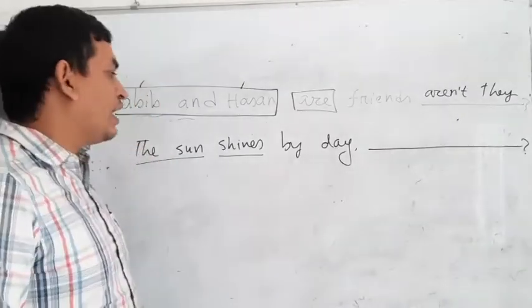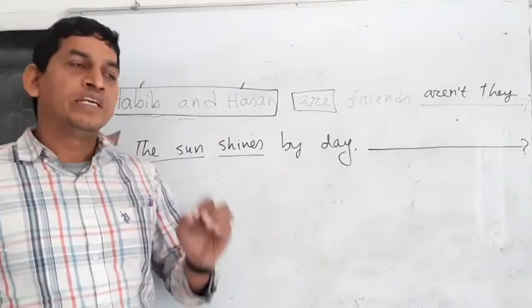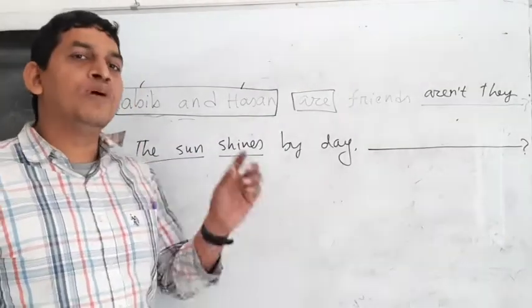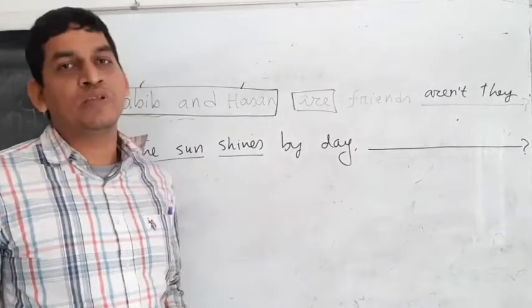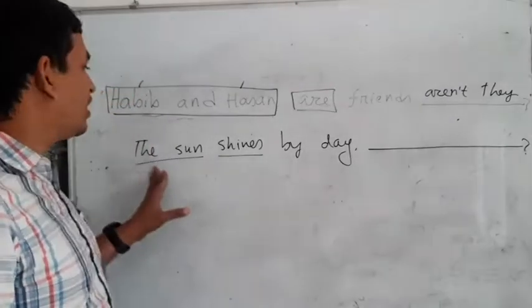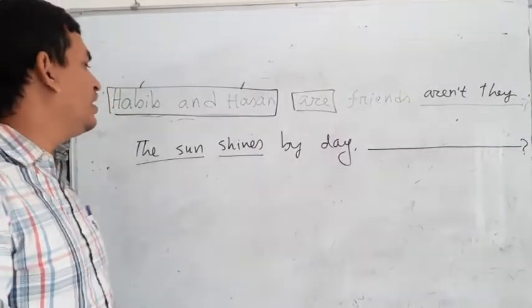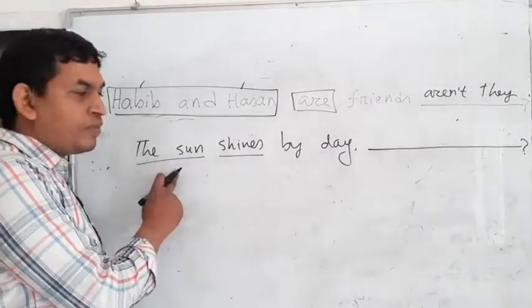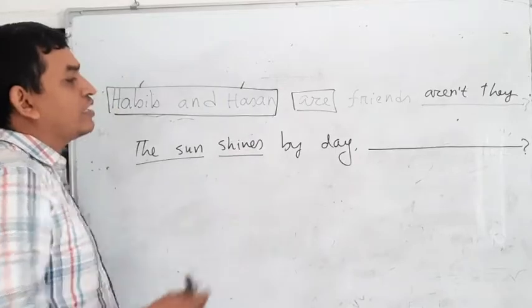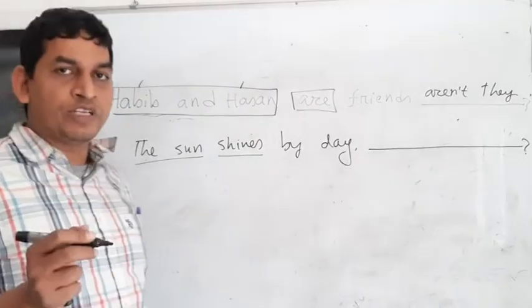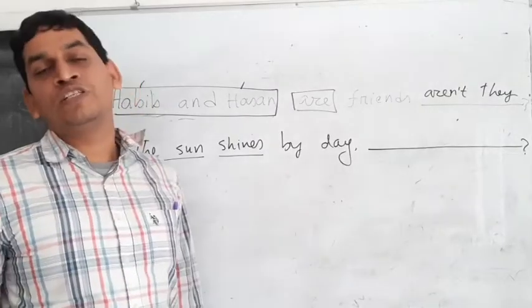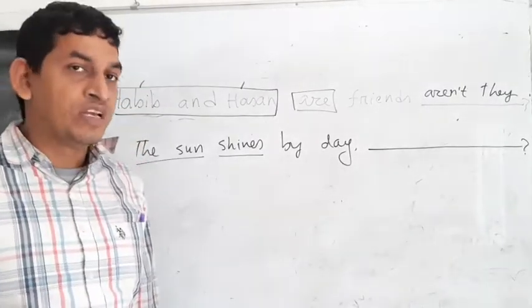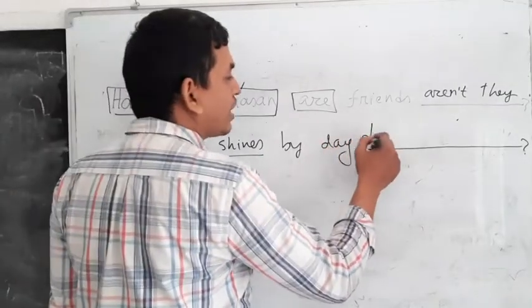In this class, I have already discussed that if there is no auxiliary verb, we must use don't, didn't, doesn't according to the number and the tense of the sentence. Here, the sun is third person singular number and the tense of the sentence is present indefinite tense. So if the statement is in present indefinite tense and the subject is third person singular number, we must write the auxiliary verb does.